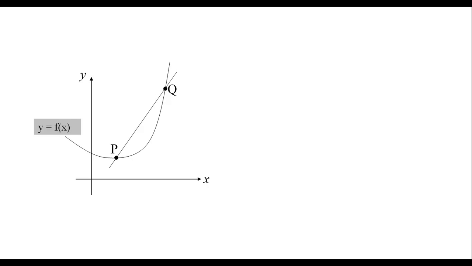You notice I have P and also I have Q. And let's say the coordinate for my P is x1, and then my y, now I can say f(x1) like this. Okay, and then I introduce my Q now. My Q is actually a coordinate of x2, and then I have another f(x2). Okay, like this.